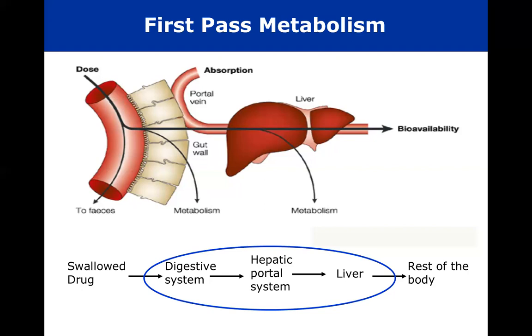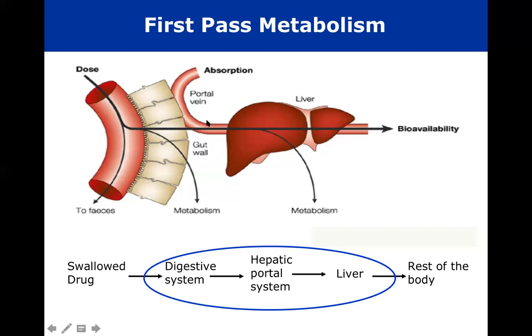Here in this slide we will talk about the first pass metabolism. If we look at this slide, this is the GIT tract, and here the dose given to the patient. The drug will be partially lost in the GIT tract, and another part will be lost here in the gut wall through the transfer of the drug from the GIT tract to the wall.